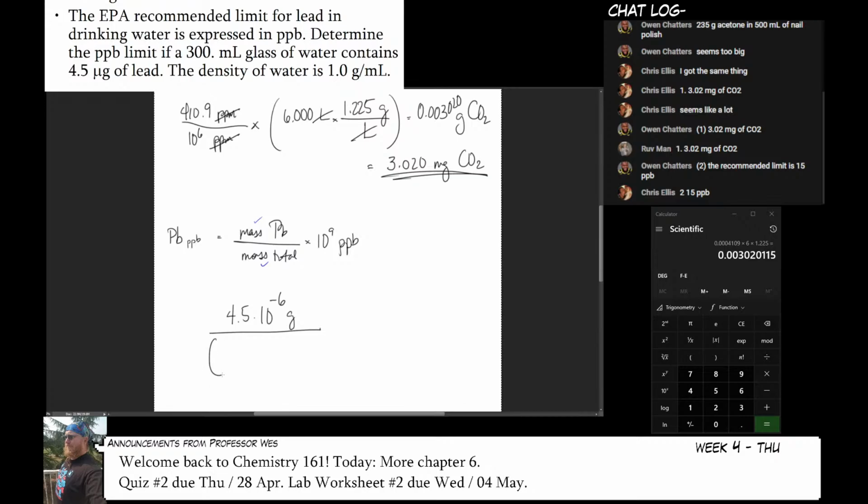All right, our mass down here is going to be the volume times the density. So I'm just going to write 300 milliliters times 1.0 grams per milliliter. So we'll do that. So that'll give us our mass ratio, which we then multiply by 10 to the 9 parts per billion.